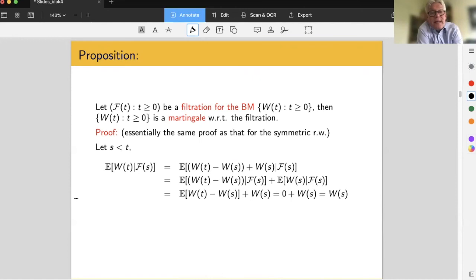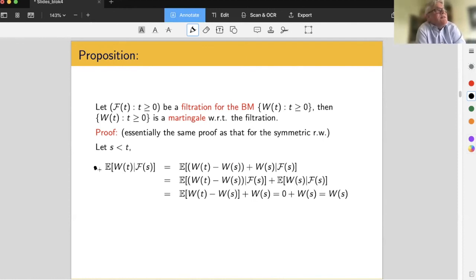First of all, it is measurable, so it is adapted to the filtration. For the rest, the proof essentially goes as that for the symmetric random walk. We want to look at the conditional expectation: the expected value of W_t given the information, the filtration, up to time s.